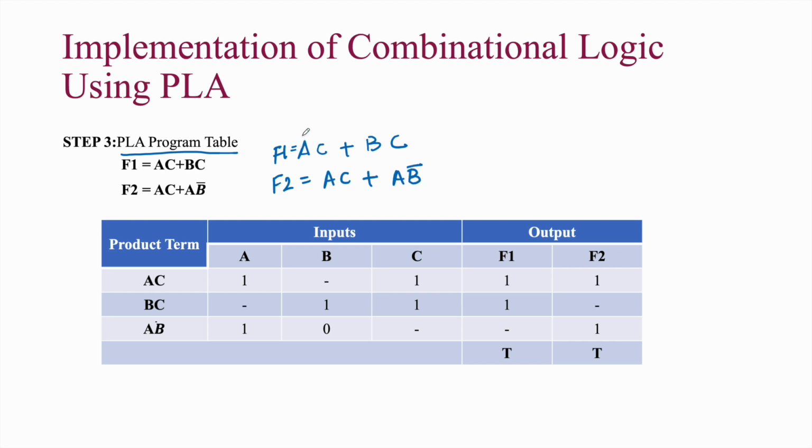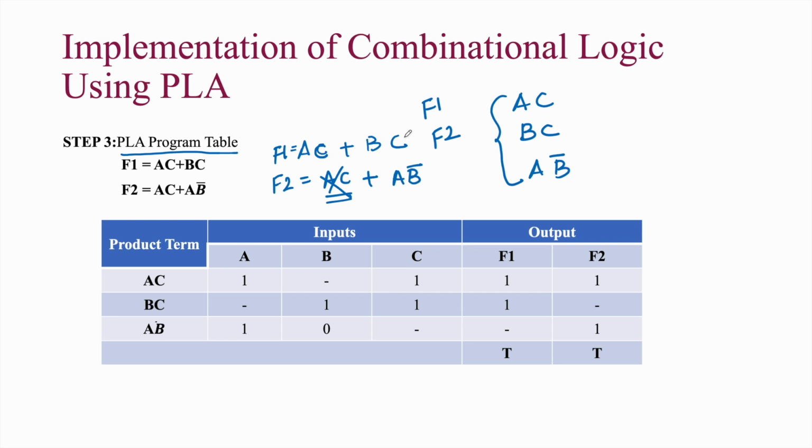Now let us identify the different terms in the expression. We have AC, which is one term, and we have BC, the second term. We have AC, already we have AC, so let us drop the repeating terms. We have AB bar. So, these are the 3 different terms available in both the expressions F1 and F2.